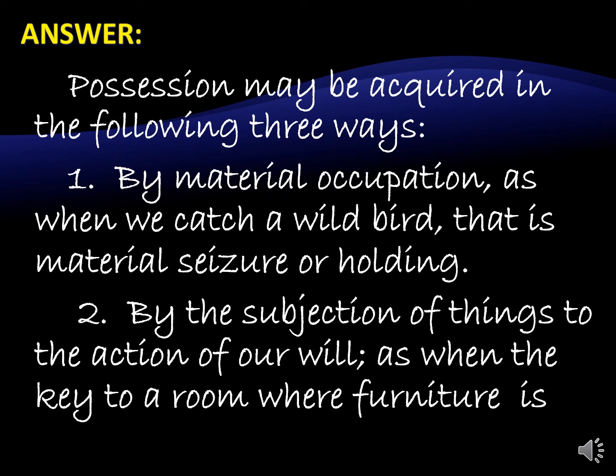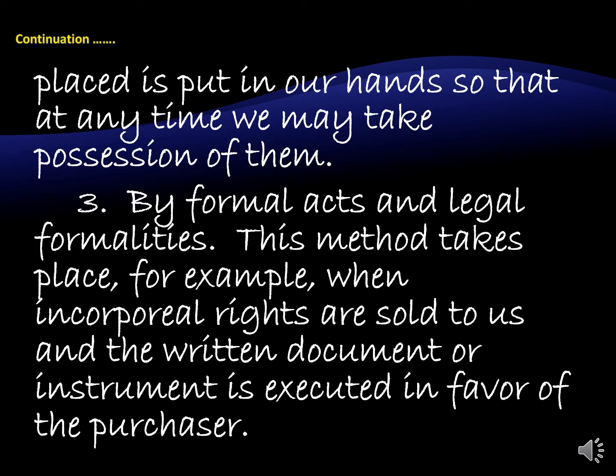But how do you explain? You explain by giving an example, such as this one. Number two, by the subjection of things to the action of our will, as when the key to a room is placed in our hands so that at any time we may take possession of them.